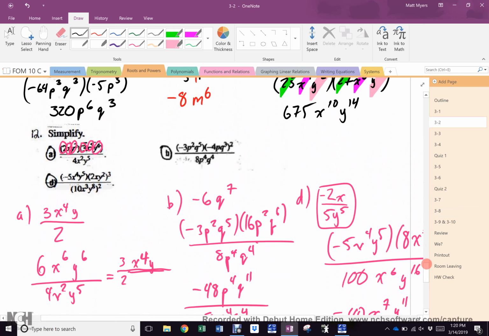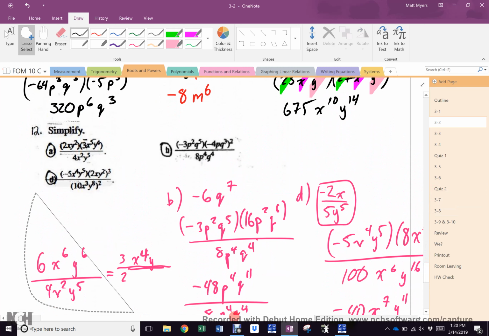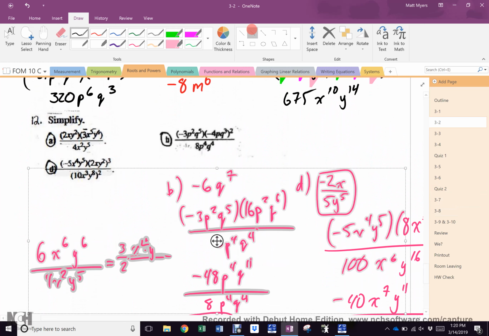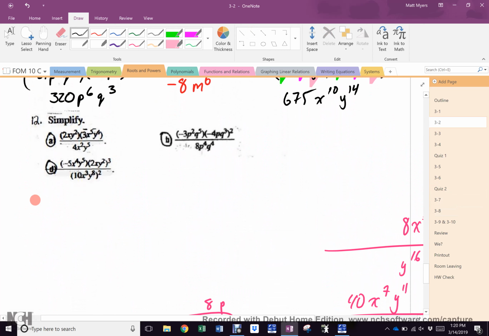And then, of course, these guys are all the exact same thing. Just like all math, if you can do it once, you can always do it. Just look at, pretend that's not there. What's 2 times 3? 6. X times x to the 5th, x to the 6th.